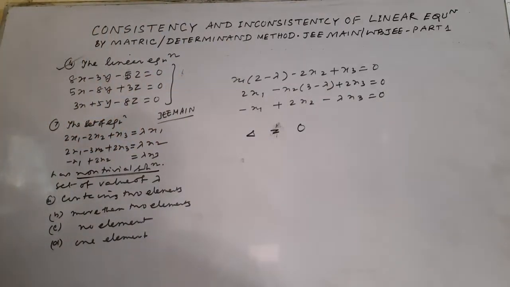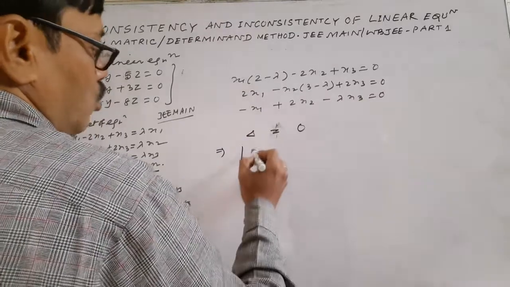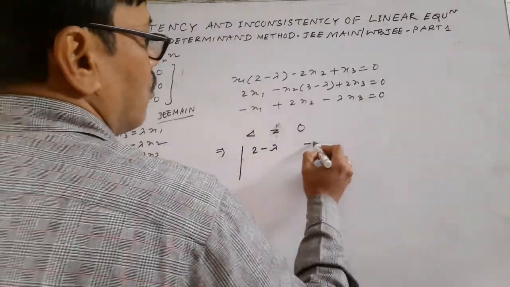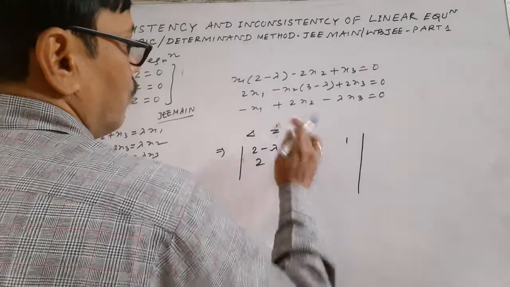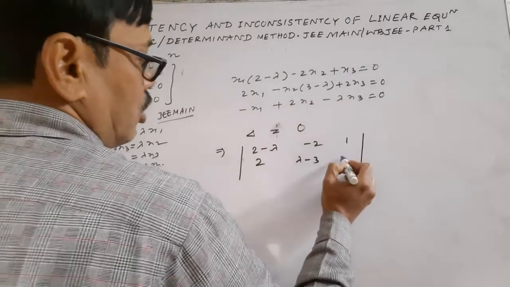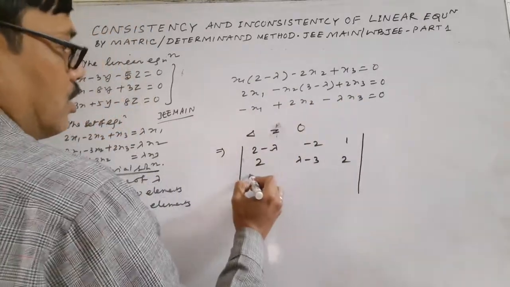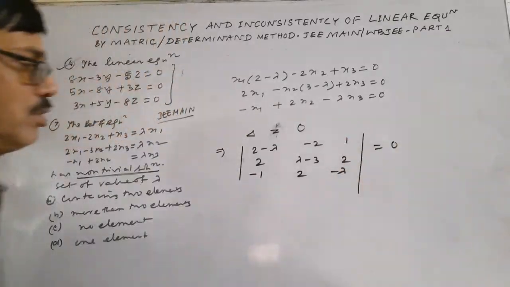So non-zero solution requires delta equals 0. So the determinant: 2 minus lambda, minus 2, 1; 2, 3 minus lambda, 2; minus 1, 2, minus lambda, equals 0.